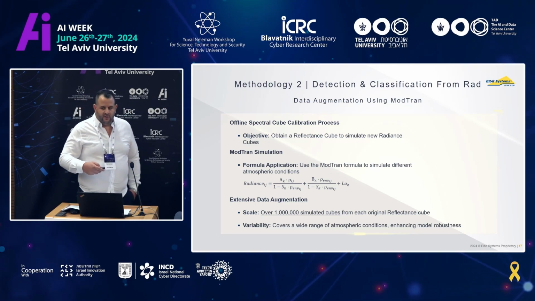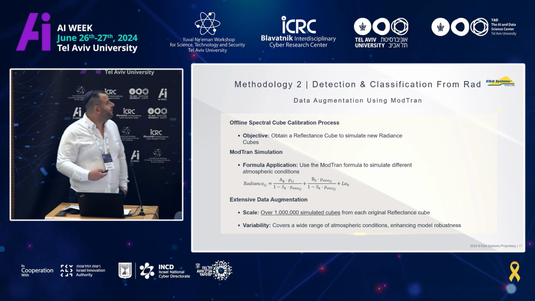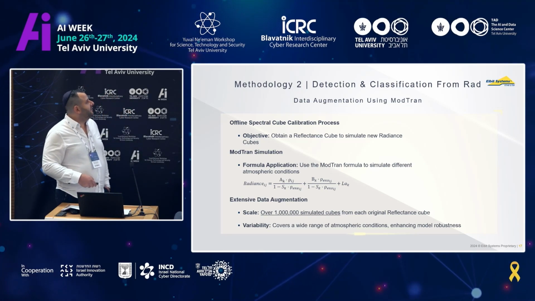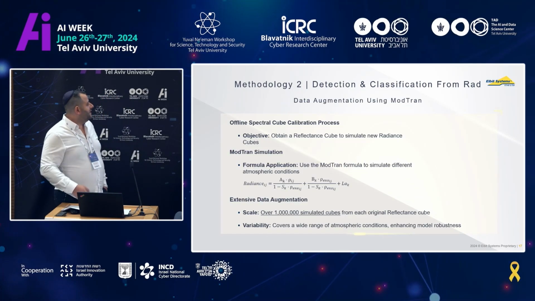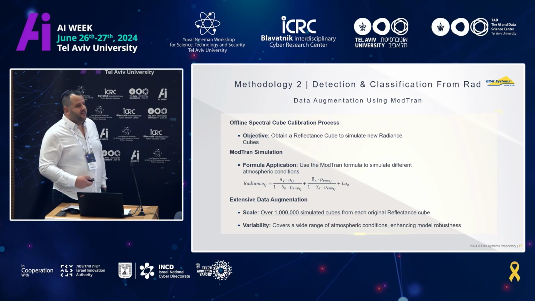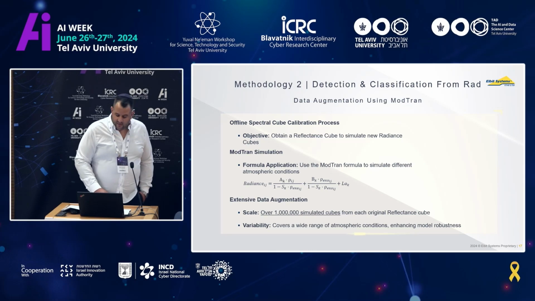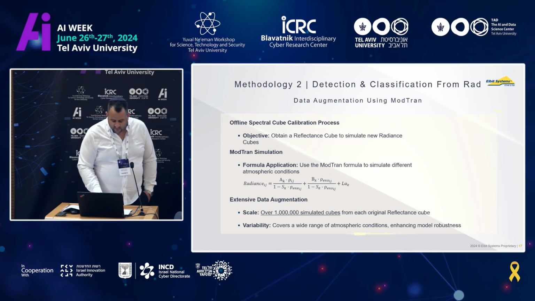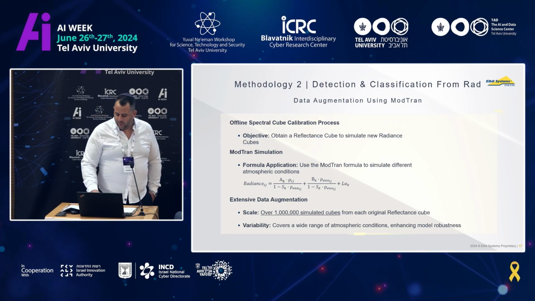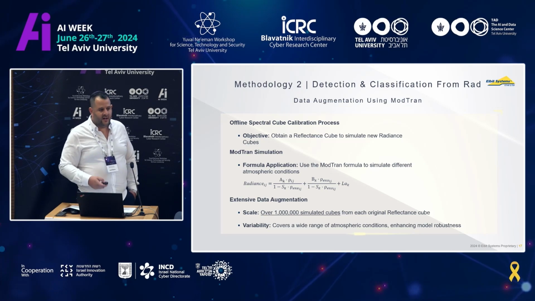Of course, I'm doing it on the fly. I'm not saving the data. This is the formula application. And this means that we cover a wide range of atmospheric conditions so that the model will be able to work at various times of day and year.